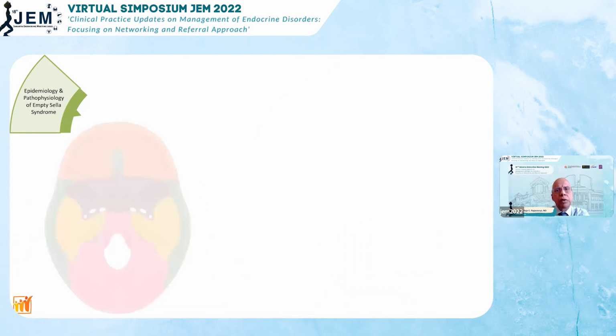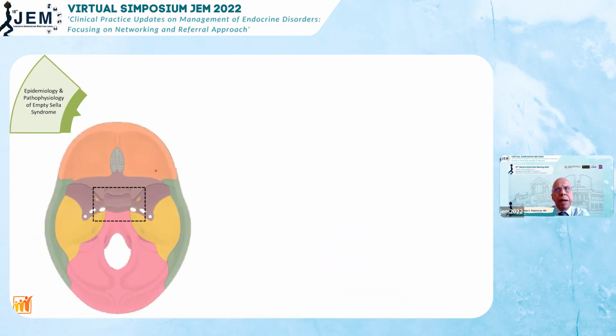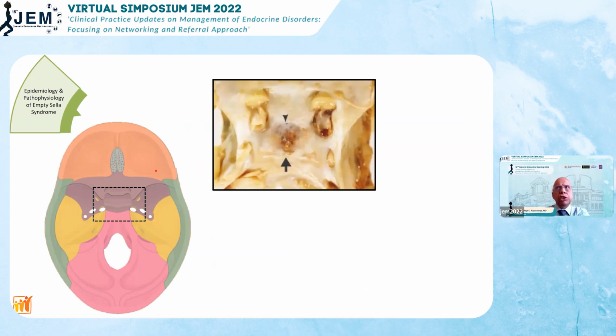This was an interesting publication that came out in the Australian radiology journals. They showed a picture like what you would see in a pathological specimen, enlarged here. What you are seeing is the tuberculum sellae in front and the dorsum sellae behind. And this whole thing is a diaphragma sellae.